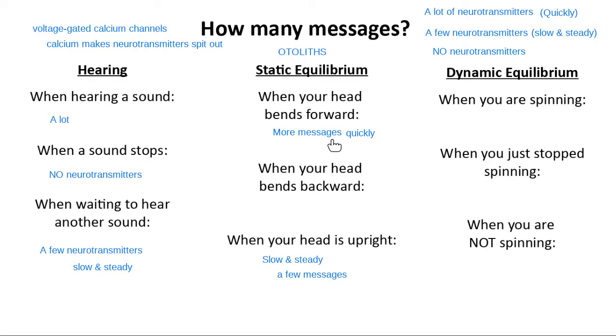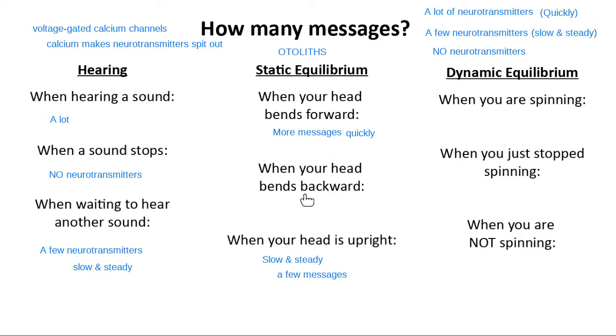As you bend your head forward, those otoliths, those little Olafs, press on the hair cells, open up their mechanically gated potassium channels, which brings in a bunch of calcium. We spit out a ton of neurotransmitters, a bunch of messages. So when your head goes forward, we send a lot of messages. Your brain hears that and interprets that as I'm going forward.